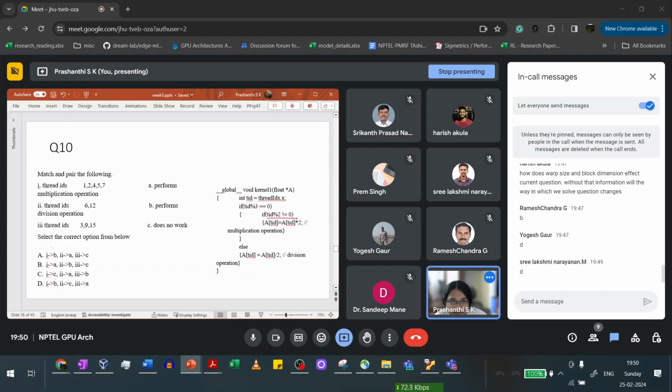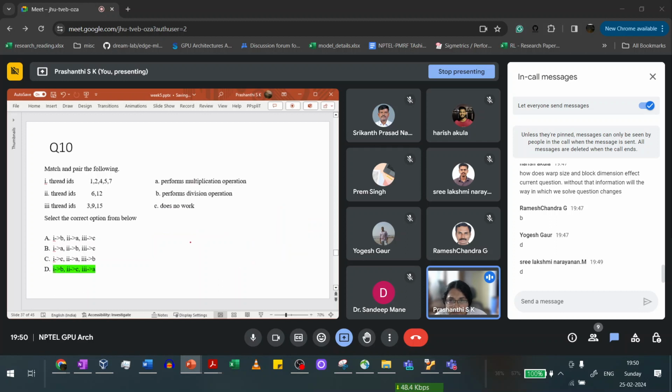The other nested if says mod 2 not equal to 0. And notice that there's no else corresponding to this, as in if it's a multiple of 3 and it's a multiple of 2, then there is nothing happening here. So that's the does no work. So that should be an obvious one. So the 6, 12 mapping to does no work, right? So that itself can help you eliminate all 3 options.